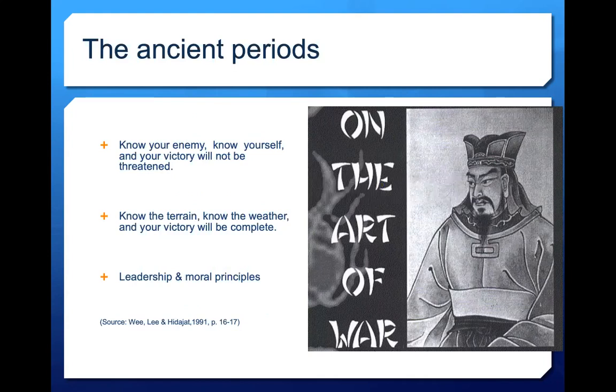He himself was influenced by the Taoism principle of not suggesting war if it is not necessary. The other thing he suggests is leadership and moral principles in guiding the values of the organization. Right, so that's the ancient periods.